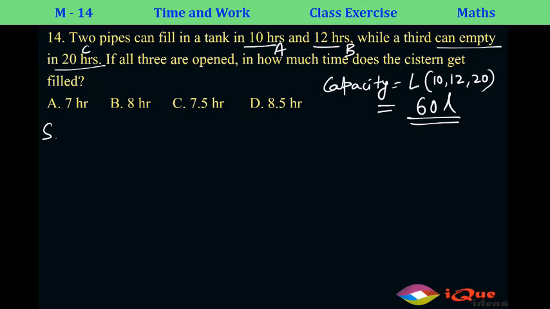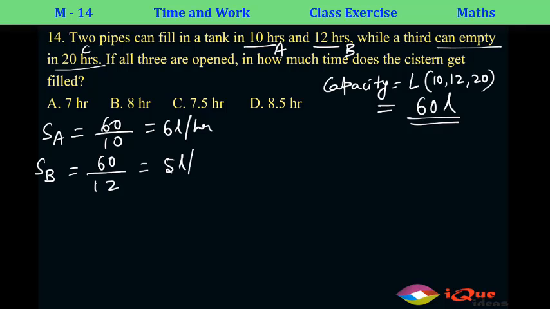So the speed of A will be equal to 60 divided by 10, that is 6 liters per hour, because A takes 10 hours to fill 60 liters. Speed of B will be equal to 60 divided by 12, which is 5 liters per hour. And speed of C will be 60 divided by 20, and it is minus 3 liters per hour. Now why this?